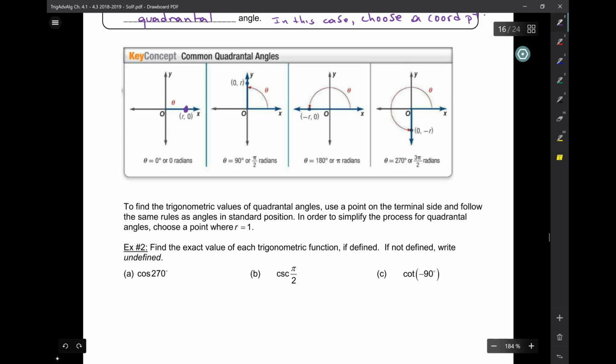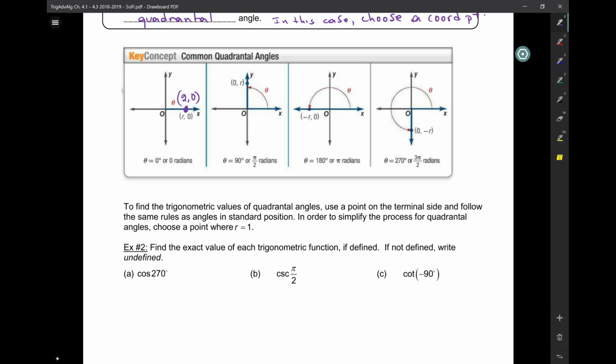Can you come up with a sample coordinate point for that position? Like, it can't be 1, 5. Could it be 2, 0? Yeah, 2, 0 could be here. 70, 0 could be there. Really anything, 45, whatever you want, right?